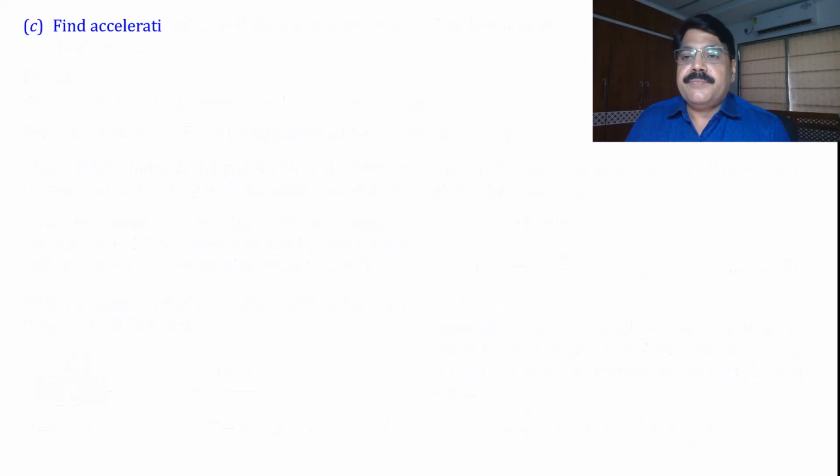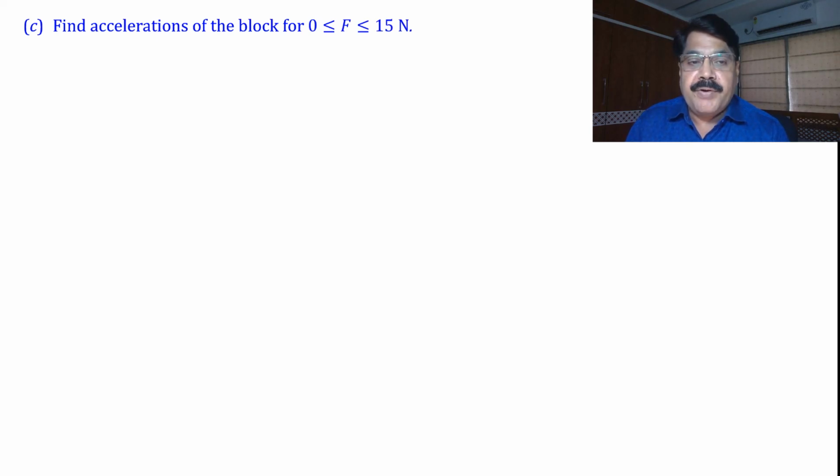Now part C. Find accelerations of the blocks for F between 0 and 50 Newton. Suppose this individual problem was asked: find the acceleration of the block when the applied force is 10 Newton.